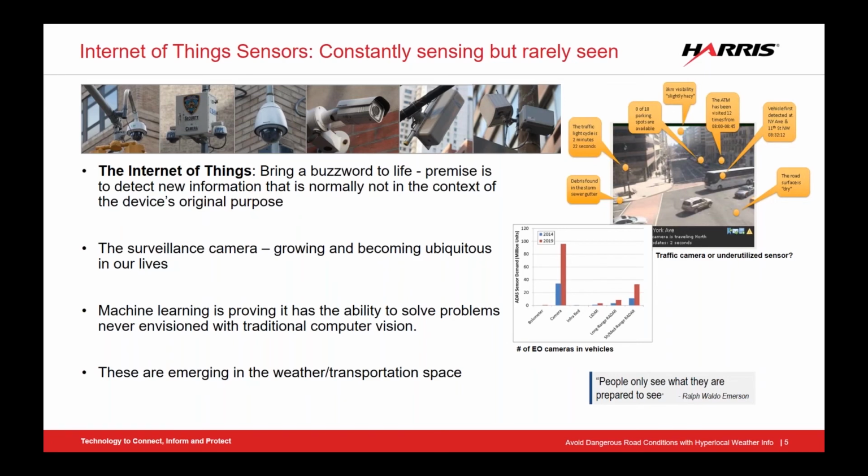And that's something that a lot of people don't always understand, because if you look at the upper right image, you see a traffic camera, and normally you would look at it and say, I can see traffic. But in reality, Harris sees a lot more out of that camera image, and there are a lot of things in that scene that can be extracted from that image.